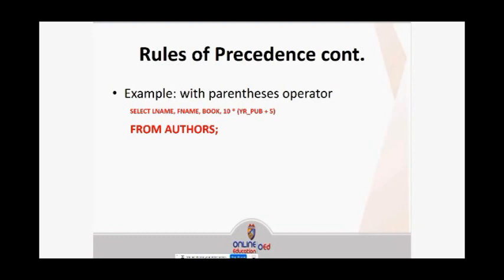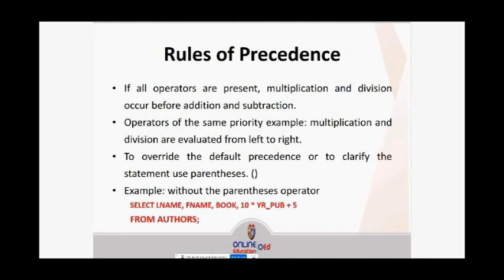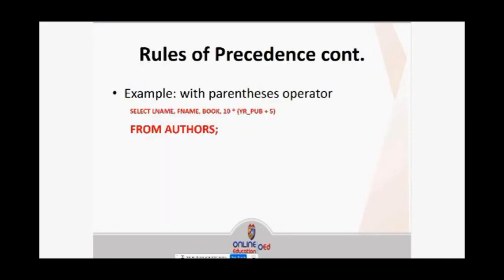Now, what if with the parenthesis operator? You select the column names that you want to display, and then 10 multiplied by year pub plus 5. This syntax is actually the same as the previous one. The only difference is that there is a parenthesis: year pub plus 5 is in parentheses. Since it is in parentheses, you do not have to follow the rules of precedence.